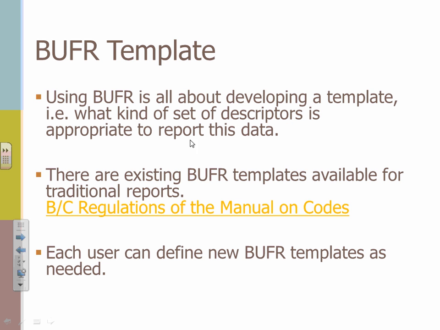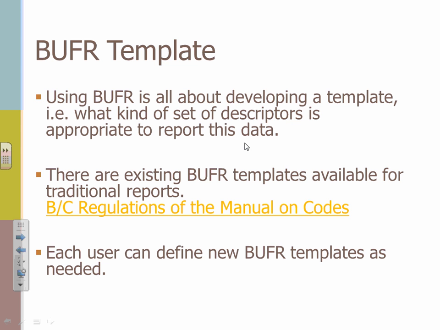By going a little bit further to make the best use of table-driven code forms, I would like to talk about buffer templates. Now you know a buffer template is one of the descriptors in Table D, a common sequence. The word template is used to refer to a common sequence that is reported as an independent message. So using buffer is all about developing a template.